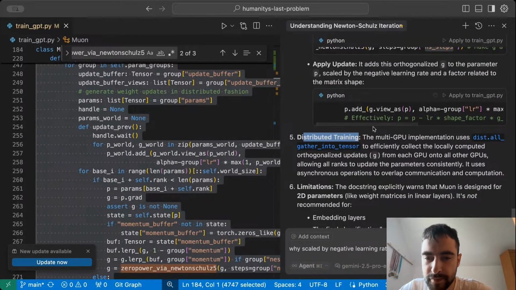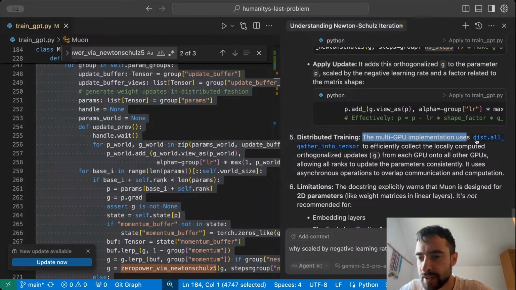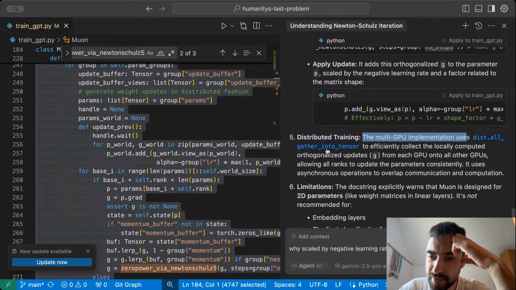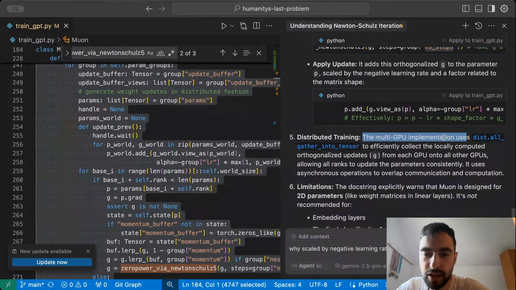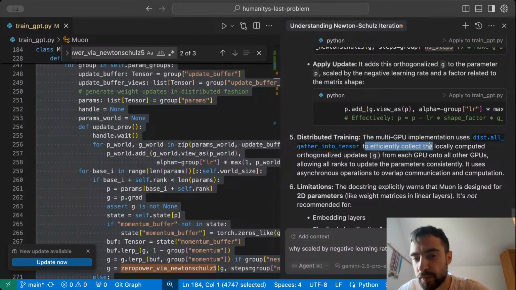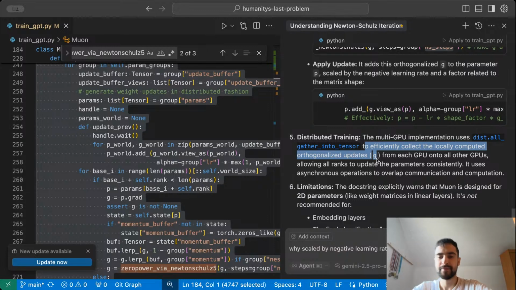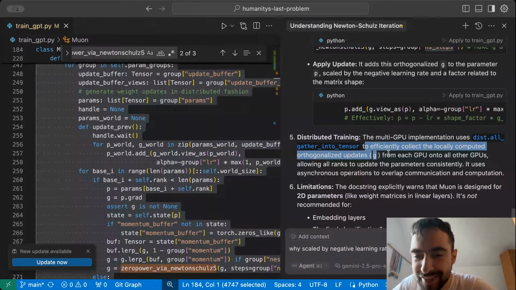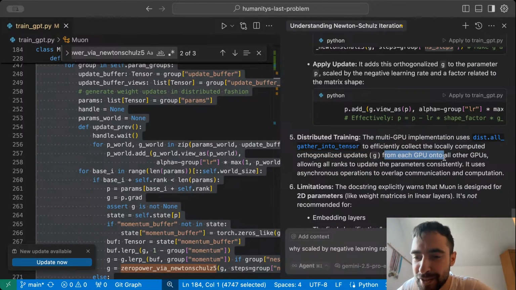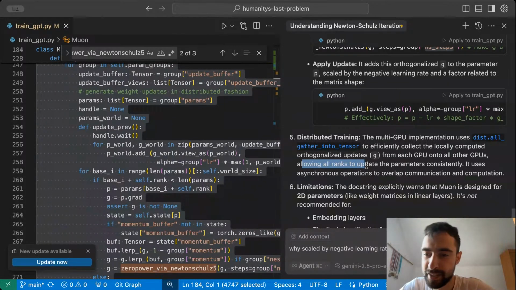Distributed training. The multi-GPU implementation uses dist.all_gather. What is this? The multi-GPU implementation uses dist.all_gather_into_tensor to efficiently collect the locally computed orthogonalized updates G from each GPU onto all other GPUs, allowing all ranks to update the parameters consistently.